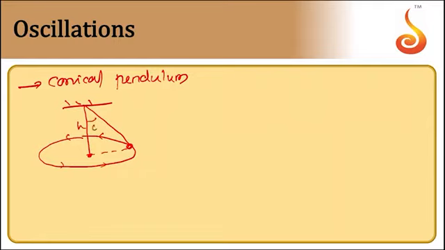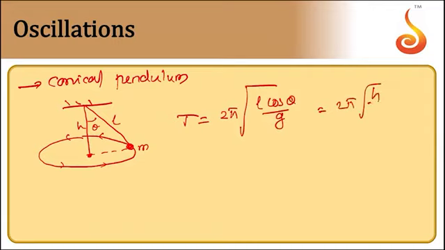If this height is h and if this angle is theta, this is L and the mass is m, then the time period is given by 2 pi root L cos theta divided by g, or this is 2 pi root h divided by g. Remember the result? The time period of a conical pendulum is given by this expression.